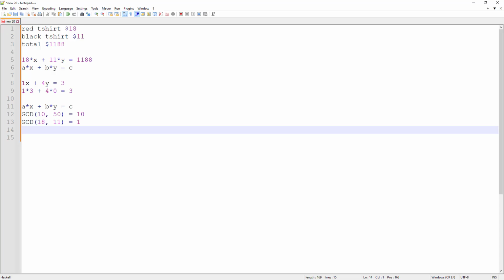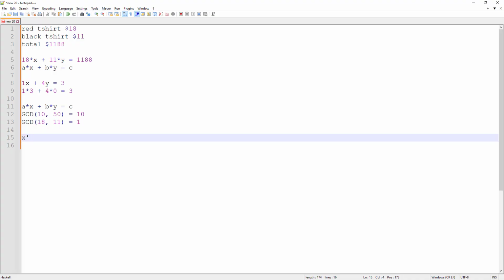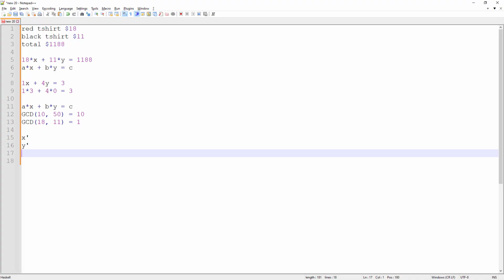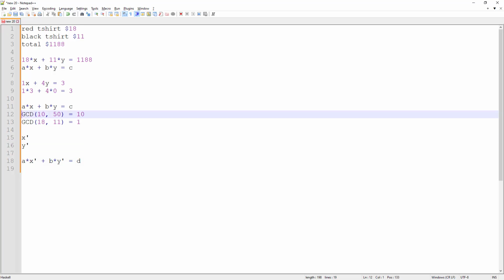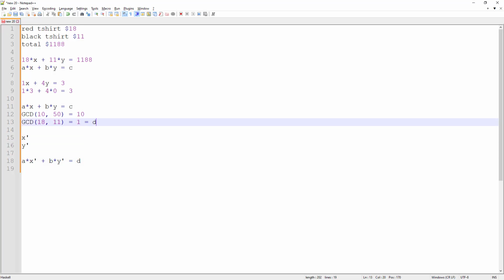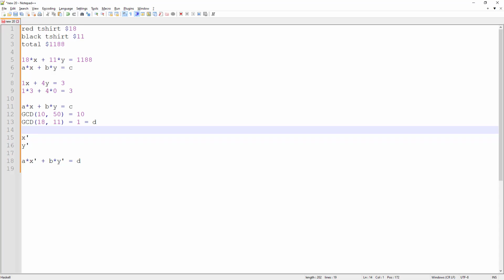The second part of the algorithm is not only to find the greatest common divisor, but also two magic numbers that are going to be named x prime and y prime, such that a times x prime plus b times y prime gives us d, and d in our case is the greatest common divisor.